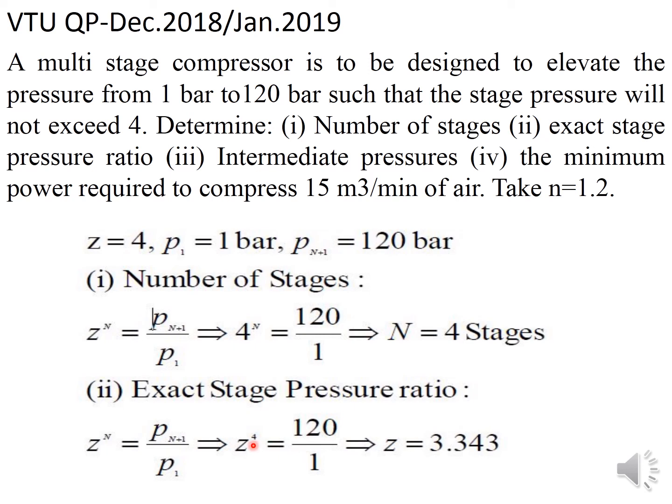Since there is a 4, it will come as 4 into ln Z is equal to ln 120. So you just put ln 120 in your calculator, you will get 3.343. This is how we need to calculate. Next is the number of stages, 4, correct.